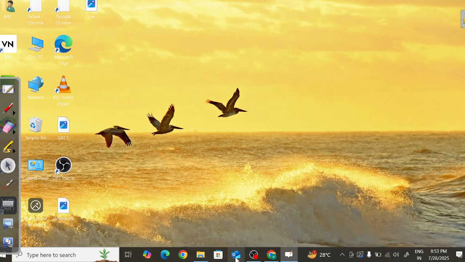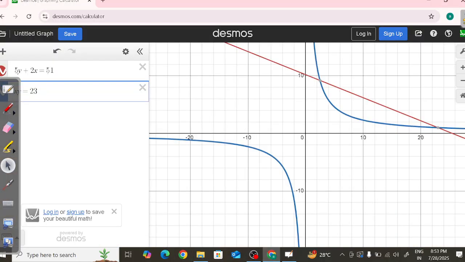You can Google Desmos and open it. When you open it, your Desmos screen will look like this. I have already put both equations here to save time. When you put these equations in the form of x and y, you will see two intersection points.